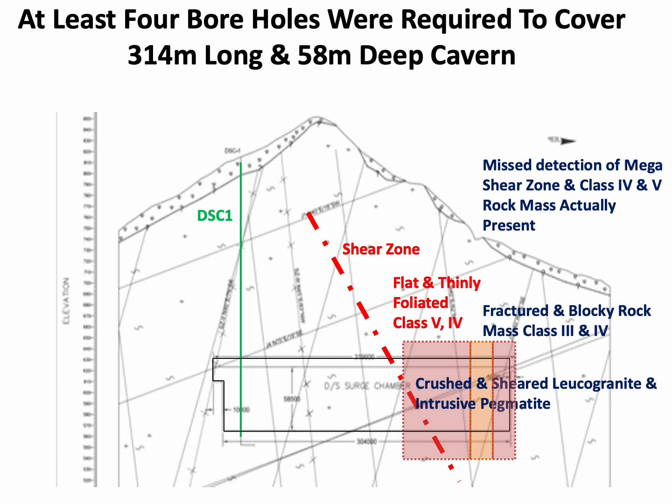Flat and thinly foliated class 5 and class 4, and fractured and blocky rock mass of class 3 and class 4, which comprise this zone lying after the shear zone, remained unrepresented in the study done through this sole borehole DSC-1.